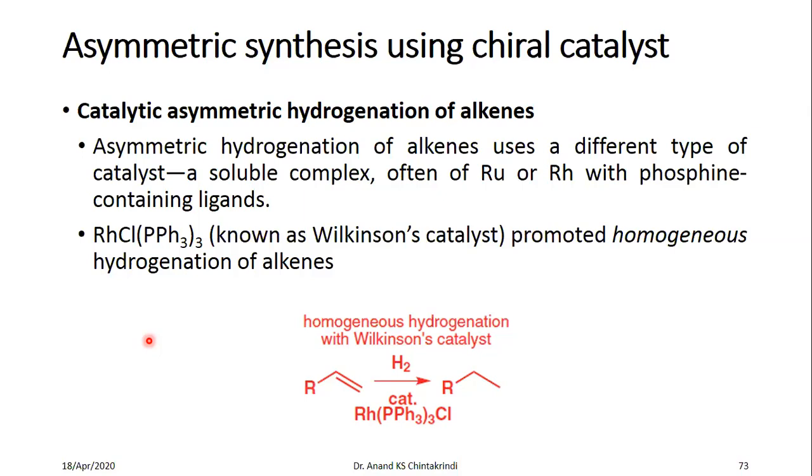This is the Wilkinson catalyst, triphenylphosphine chlororhodium. It promotes homogeneous hydrogenation of alkenes. This is a homogeneous catalyst. It forms a soluble catalyst. You are having hydrogen as the hydrogen source, and you are getting the reduction of this alkene.